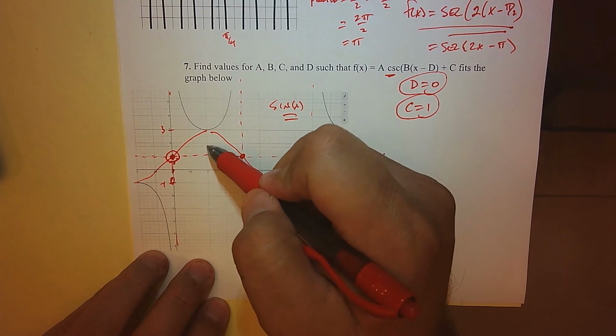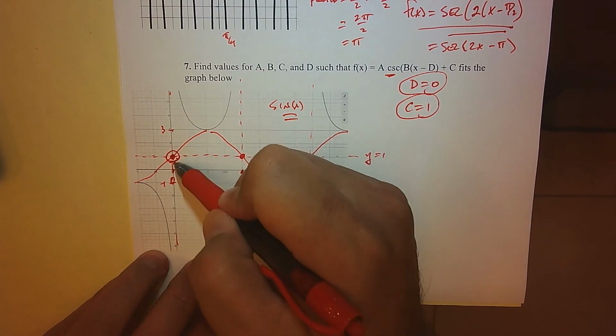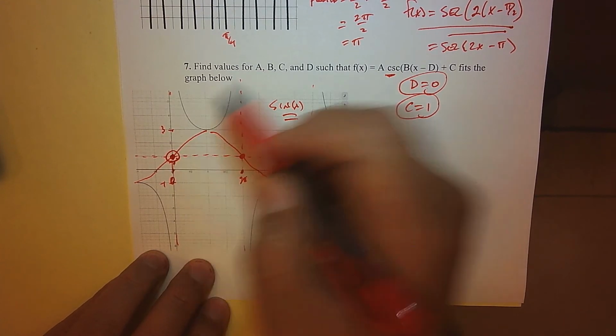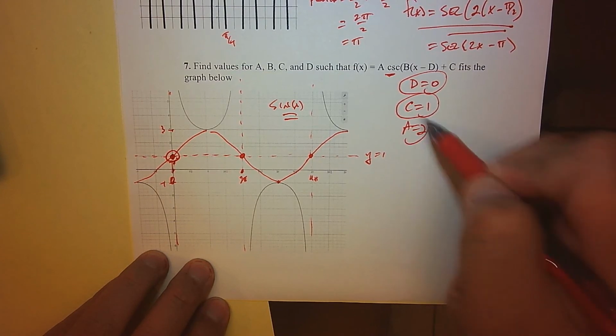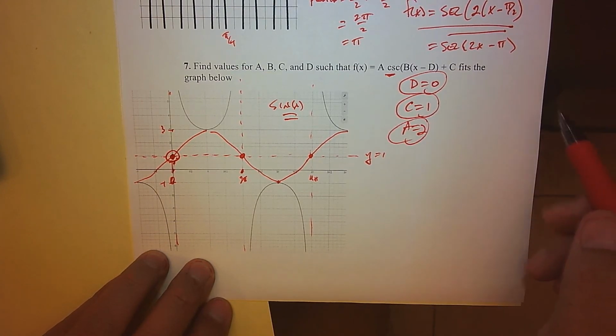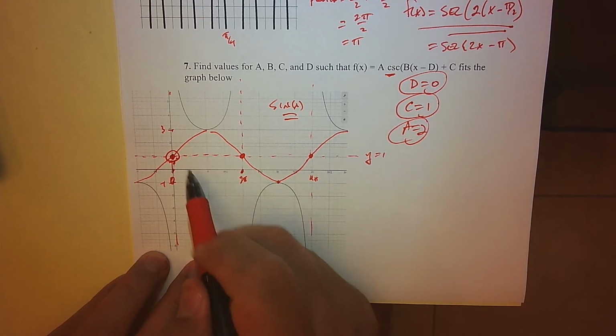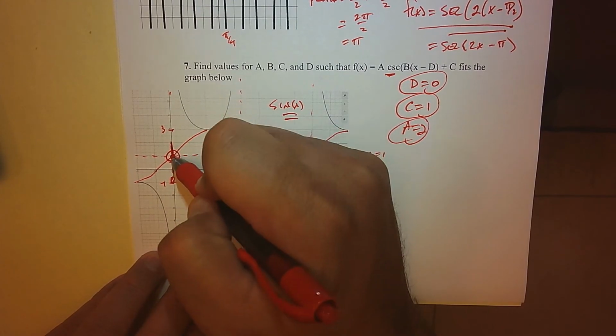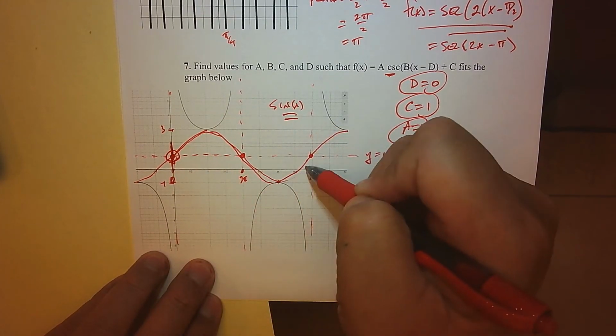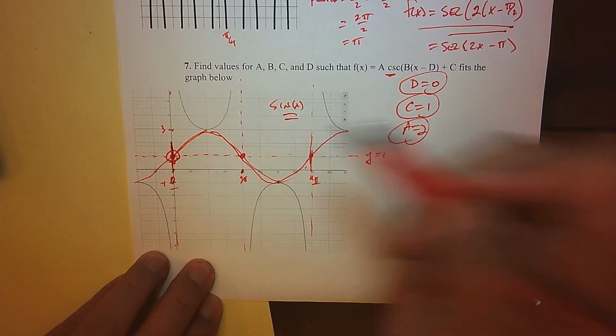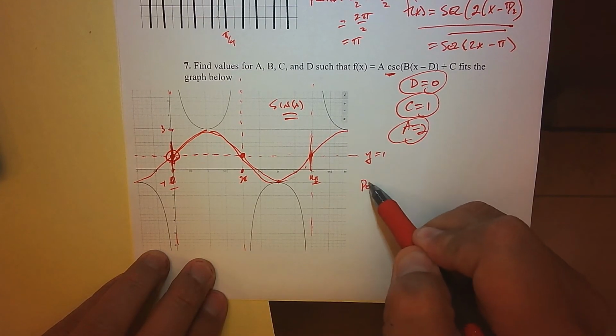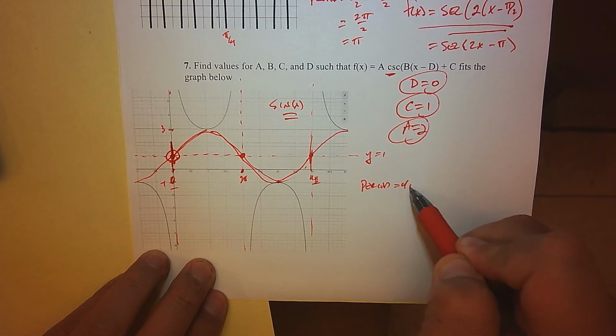We're going from 1 to 3, or from 1 to -1, so my amplitude, A, is 2. So the only thing left is B, and that's period. And it looks like one cycle of sine goes from 0 to 4 pi. So from the graph, my period is 4 pi.